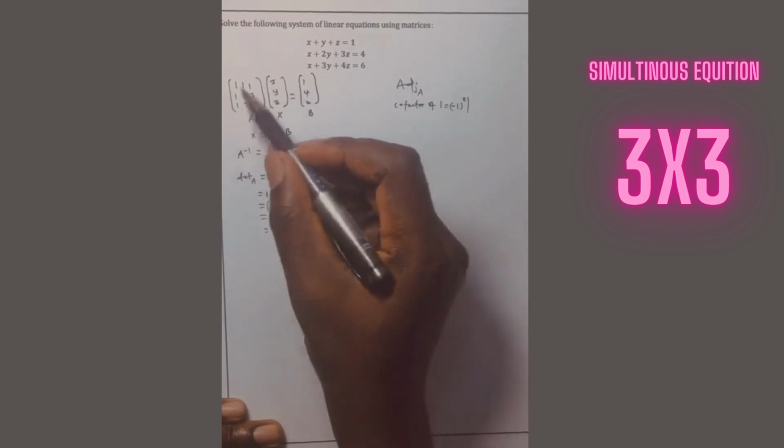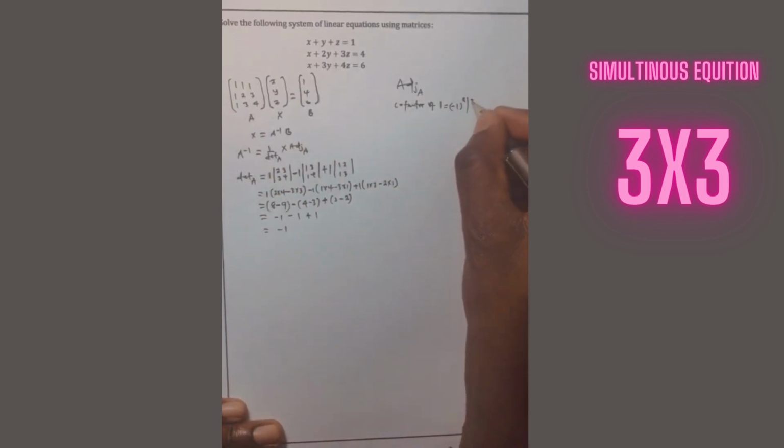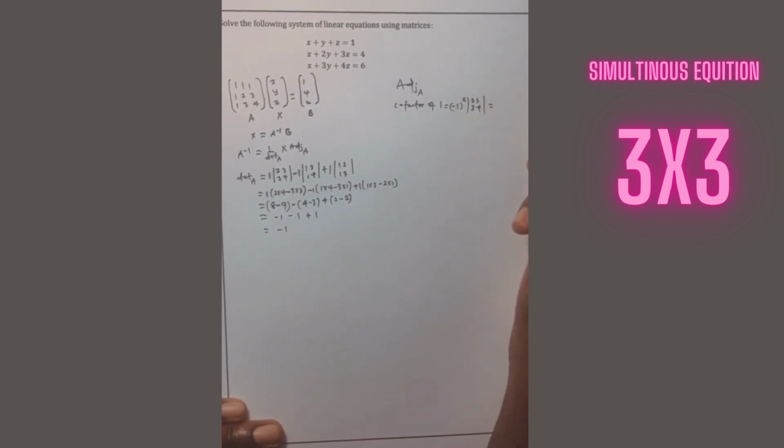Then when you cover its row and column, you're left with 2, 3, 3, 4. So that is the same as 2 times 4, that is 8, minus 3 times 3, which is 9. So that is negative 1.